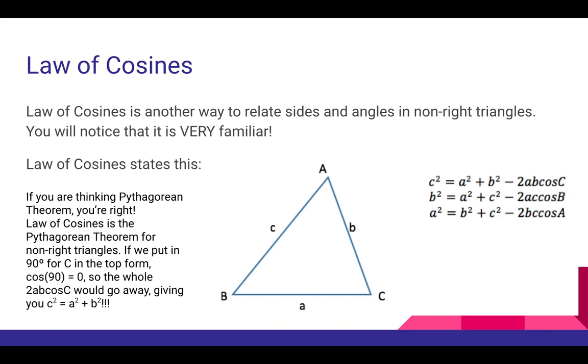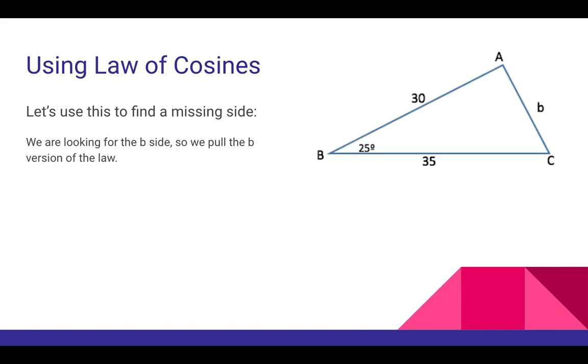Mind-blowing moment. Now, let's use the law of cosines. So I want to find little b. And in order to find little b with the law of cosines, I need its opposite angle, and I need the other two sides. The law of cosines uses three sides and an angle. So here we go.